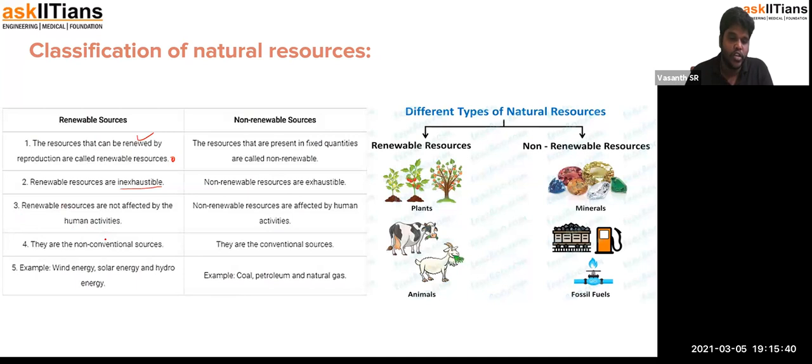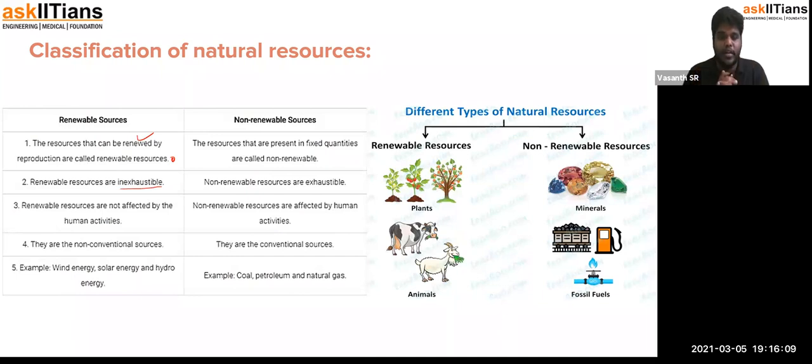Non-conventional sources are usually the renewable resources. And when it comes to non-renewable resources, there are conventional sources, which are the most important. An example of conventional sources is coal and lignite, which we burn to get energy.